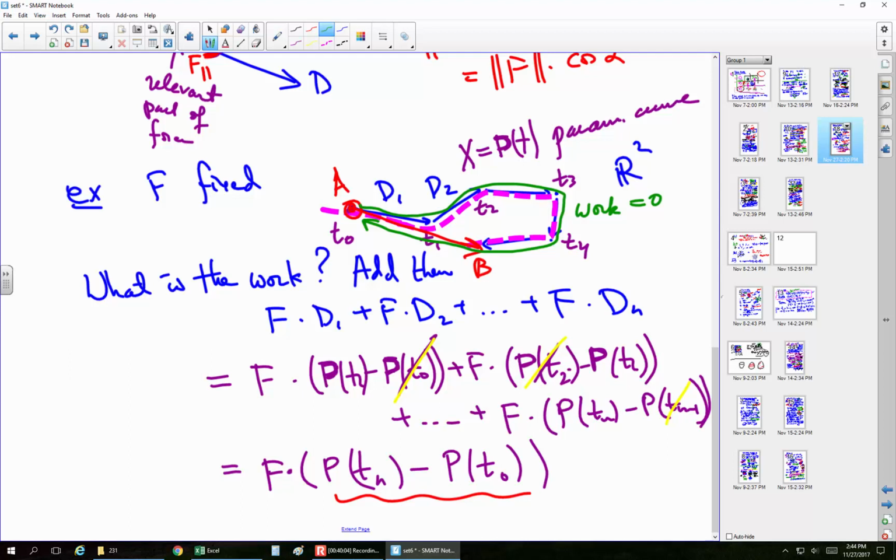So on a round trip, when the force is constant or otherwise gradient, we cannot expend a positive amount of work. But for other kinds of non-gradient vector fields, it is possible to make a round trip and expend a net positive amount of work. Okay, so that's the crucial difference.